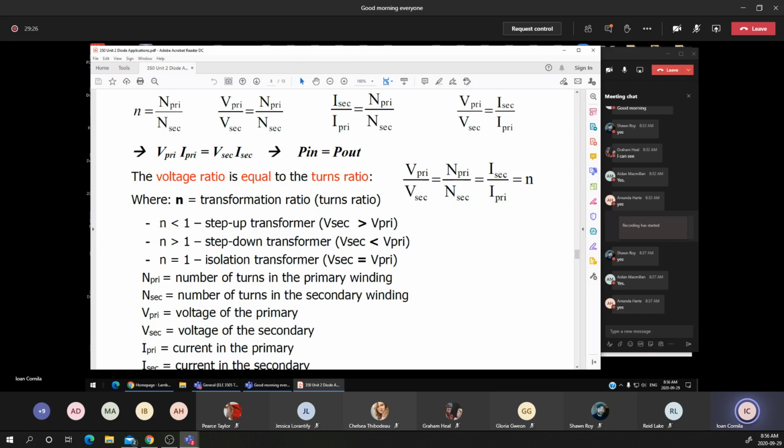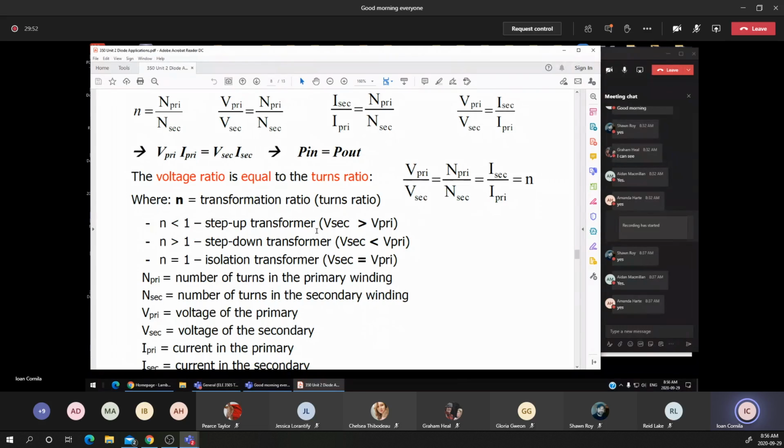Some other applications may use the step-up transformer. For example, I have a voltage source, a function generator, which has just a few volts, 2, 3, 5, 10 volts, no more than that. And in our prototype, or our circuit, we would like to raise this voltage to 50 volts or 100 volts.